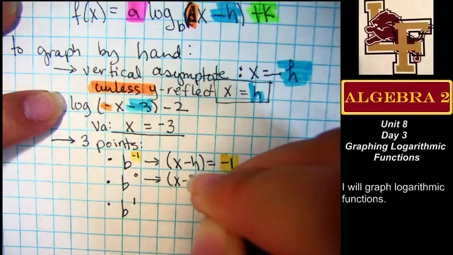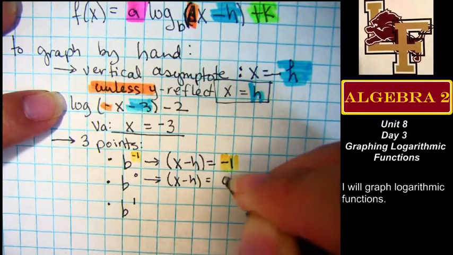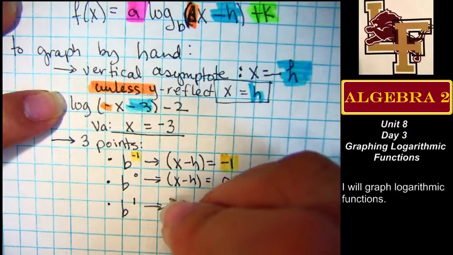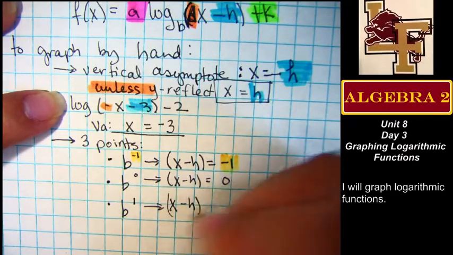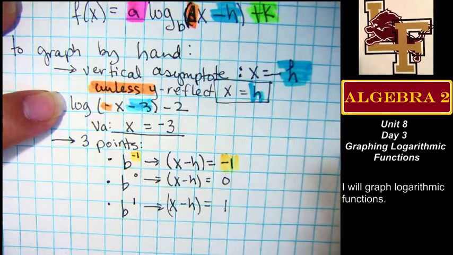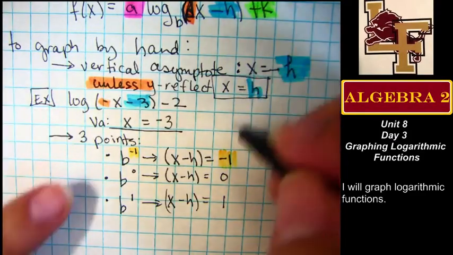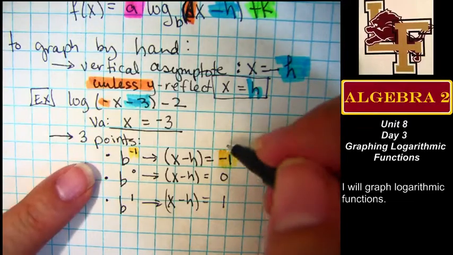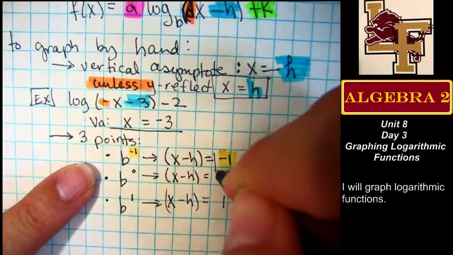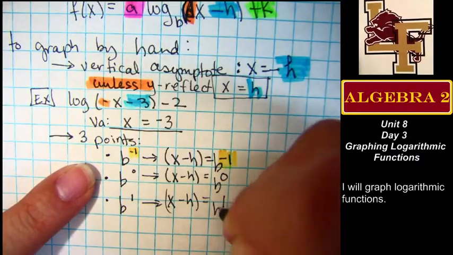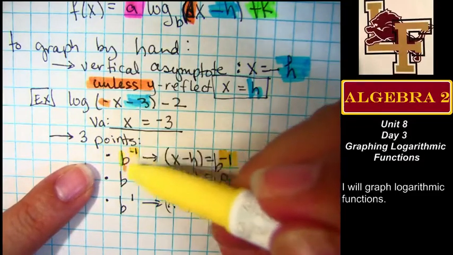In this case, a 0. In this case, a 1. The base to those exponents. We're grabbing all of this.